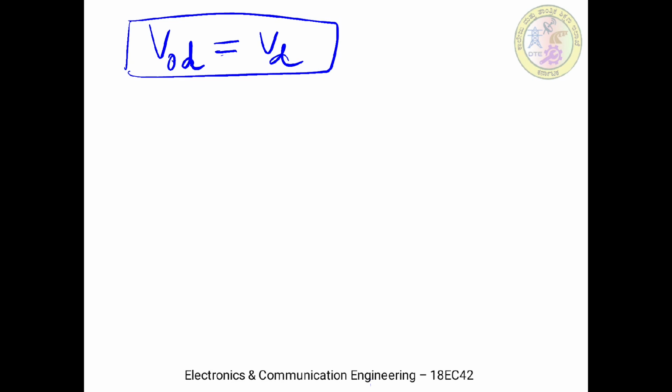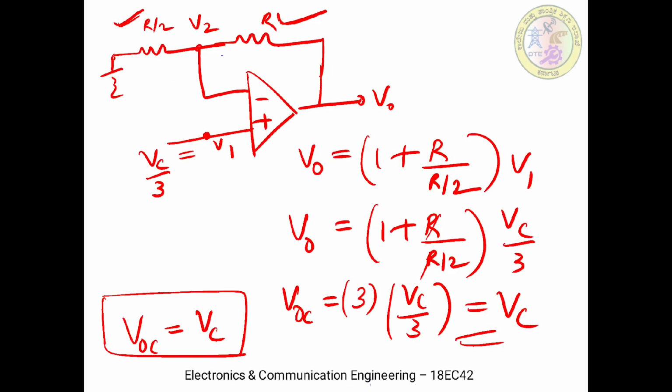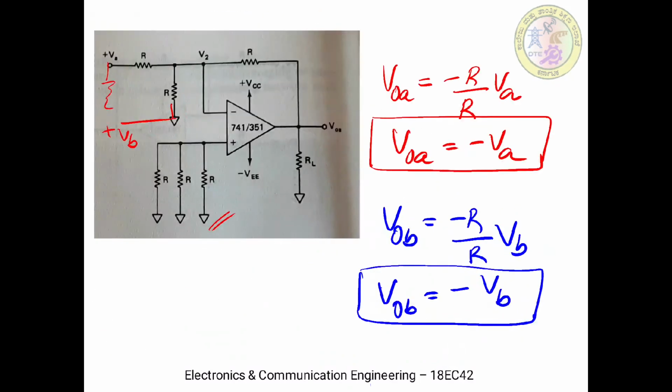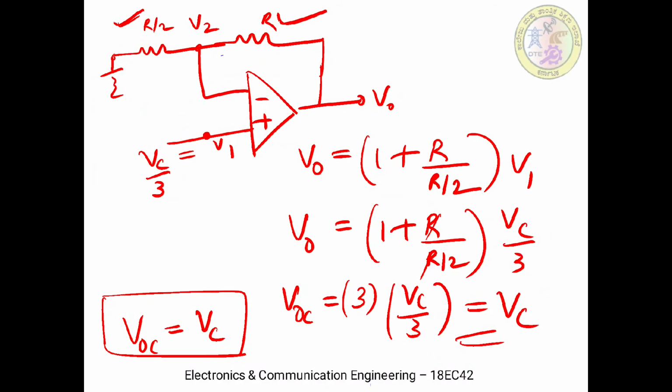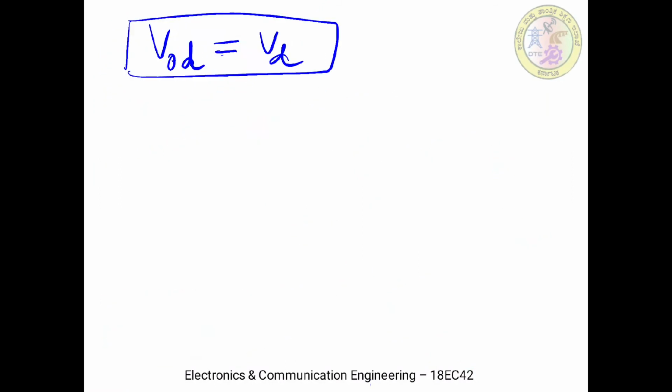Now we will look back at what outputs we got: when only VA is applied, the output is minus VA; when only VB is applied, the output is minus VB; when VC is applied, the output voltage is VC only; and when VD is applied by making all other three inputs 0, VOD is VD.